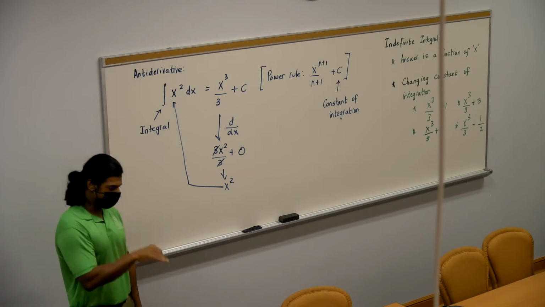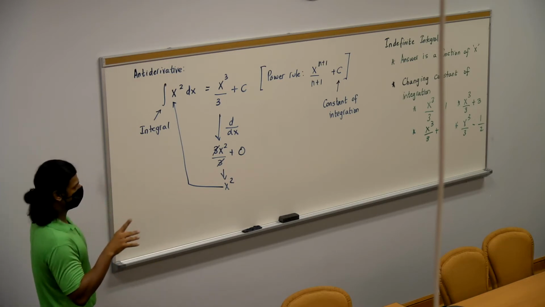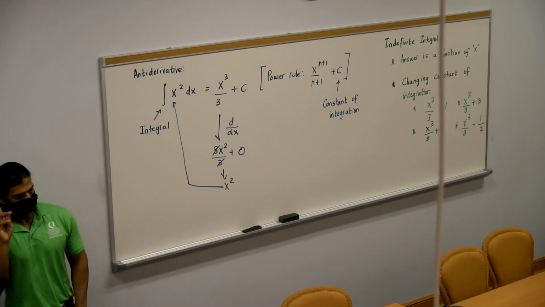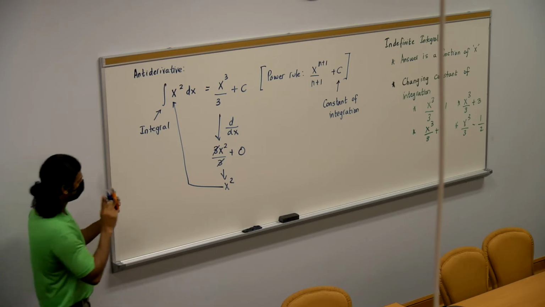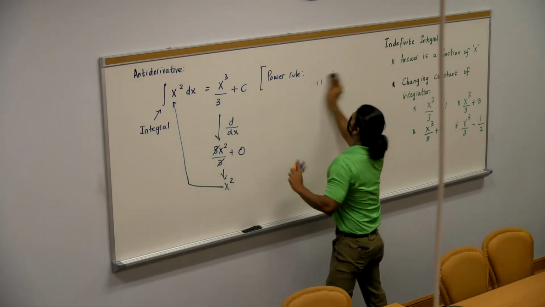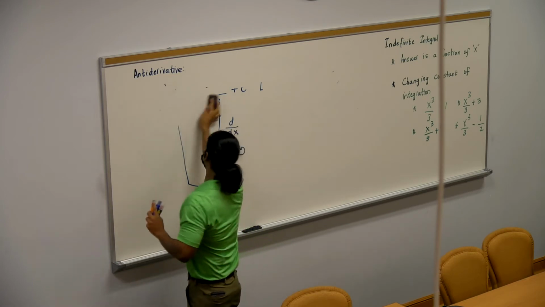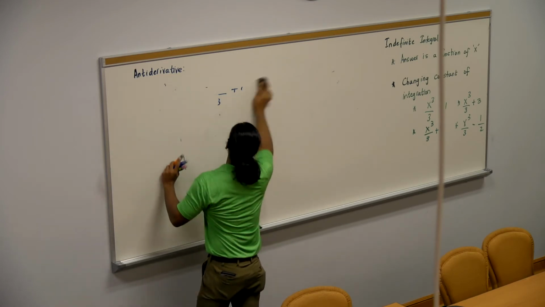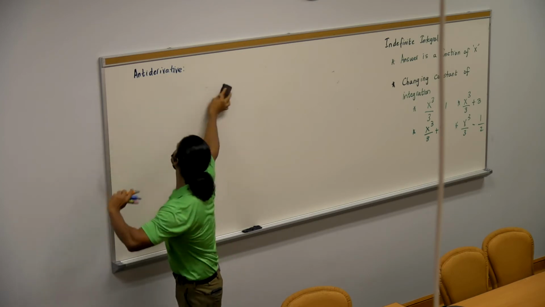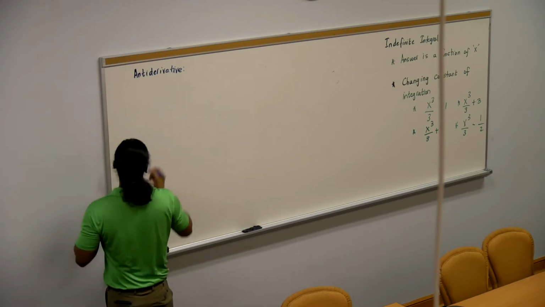And that one answer is what we call a particular solution because it is particular to one condition. So if you want more details about antiderivatives, do look up the video that I've posted.